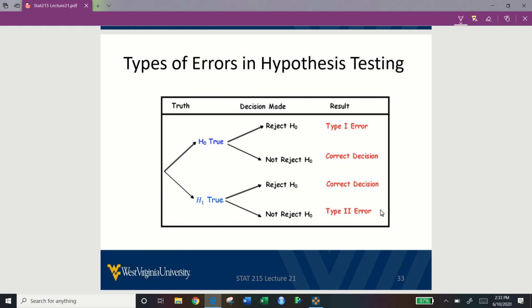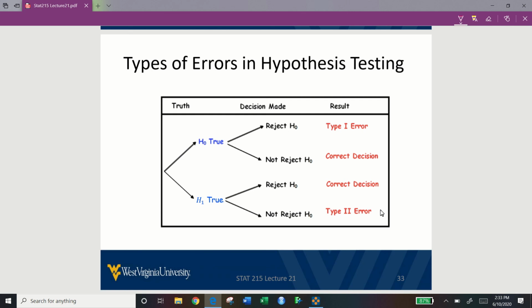Either the null hypothesis is true or the null hypothesis is false. That is the truth. Next comes the step of our decision. We will decide to either reject the null hypothesis or not to reject the null hypothesis.